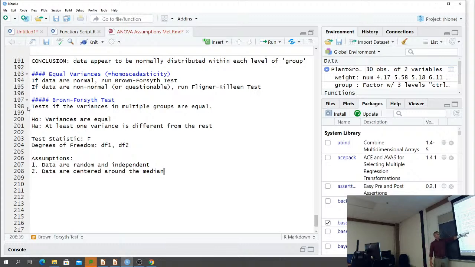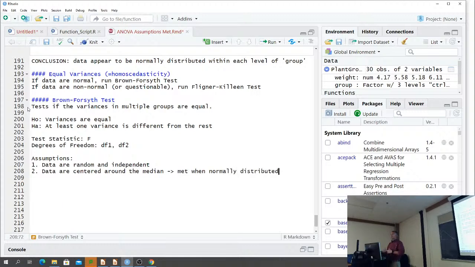We've already planned for random and independent. This assumption we haven't really checked, but we kind of did. Because if we're normally distributed, then our data are centered around the median. It's just one of those definitions that if we're normally distributed, we're not only symmetric around the mean, but we're symmetric around the median. All right, so this assumption is met when normally distributed.